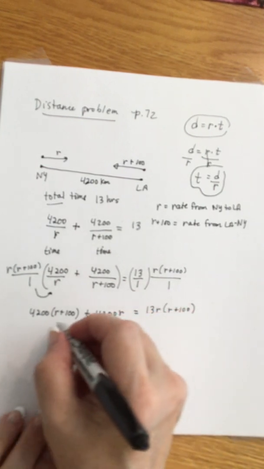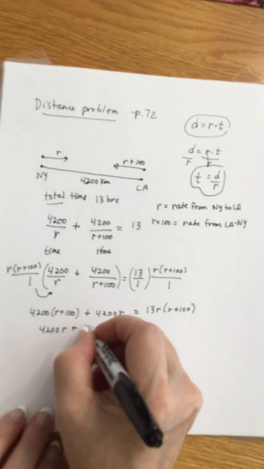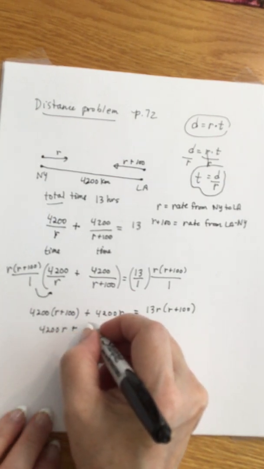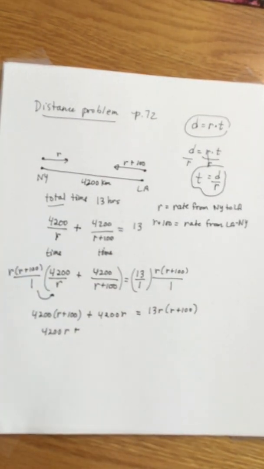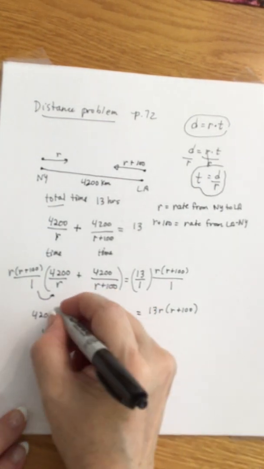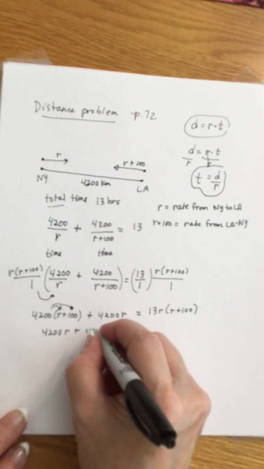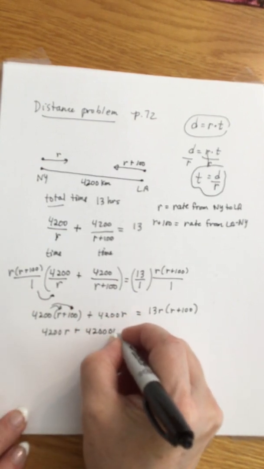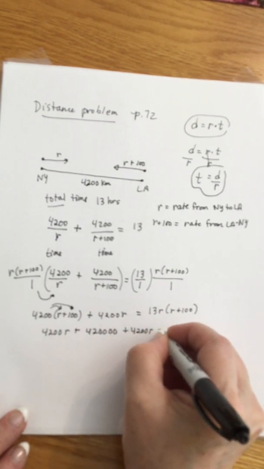So now we use the distributive property: 4,200R plus 4,200 times 100. You're doing distributive property, so this is going to give me 42,000 plus 4,200R.